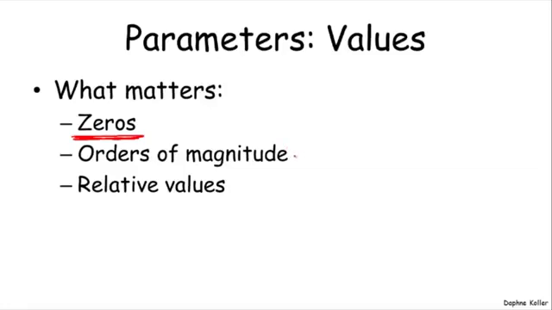Other things that make a difference are sort of weaker versions. So, for example, order of magnitude differences. The difference between a probability of 1 over 10 versus 1 over 100 makes a much bigger difference, whereas small differences like 0.54 versus 0.57 are unlikely to make a difference to most queries.